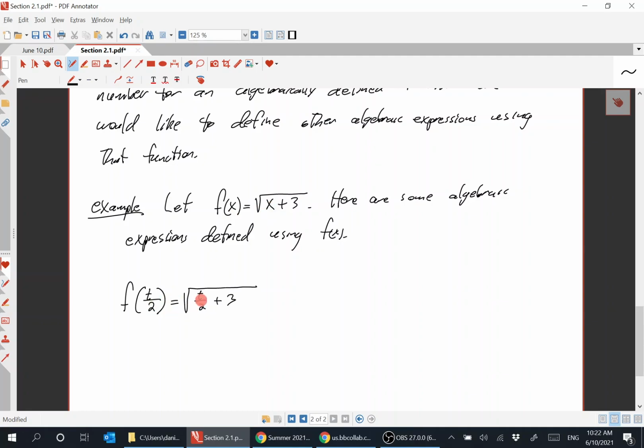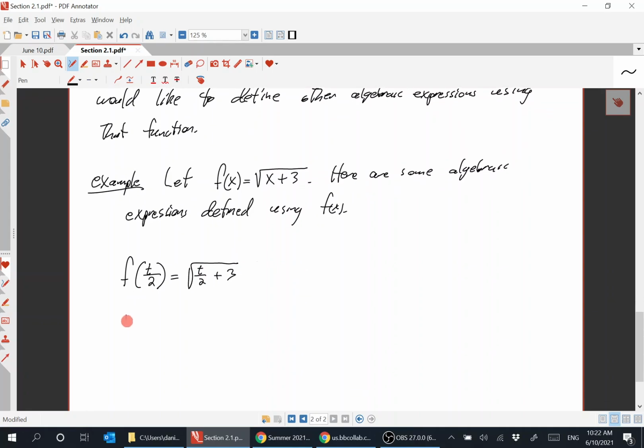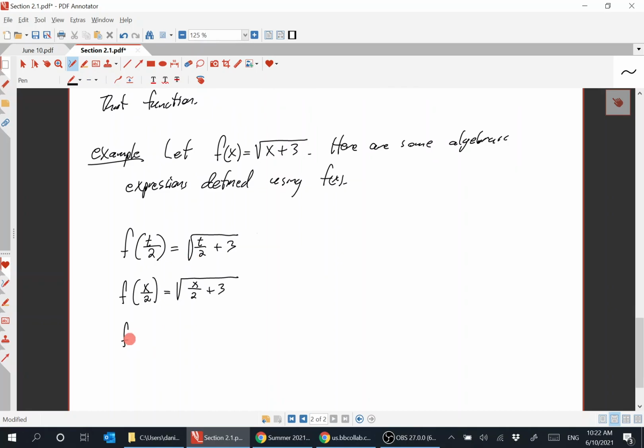So f of t over 2 is square root t over 2 plus 3, which then, if you want to go back to the x, you can. If it helps to change that letter, you can change the letter to some other letter and then come back to it.